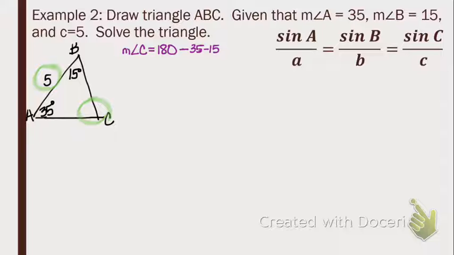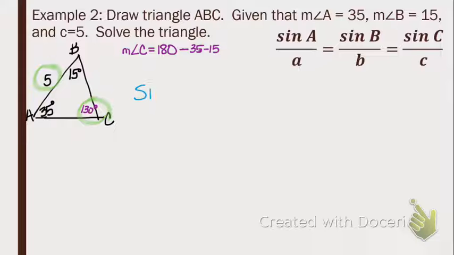So what did you get for C? What's 180 minus 35 minus 15? 130. So now you can set up your proportions. So I'm just going to set it up. For your first one, you would have the sine of 130, oh, I can write a little bit bigger. Hold on.